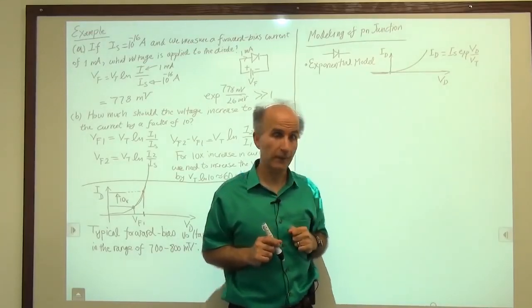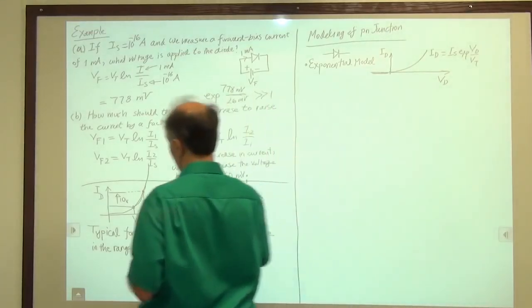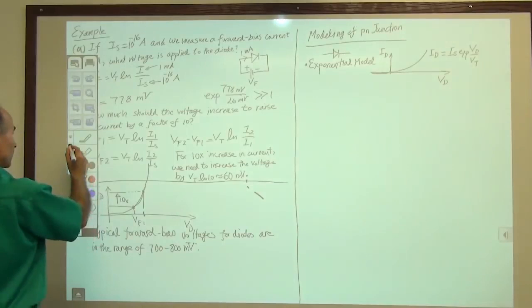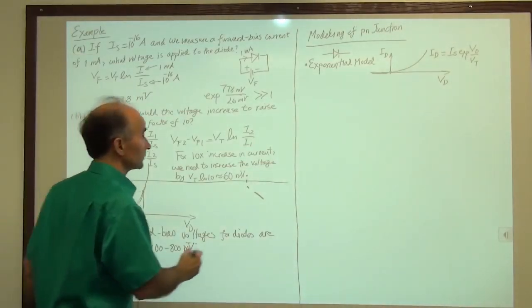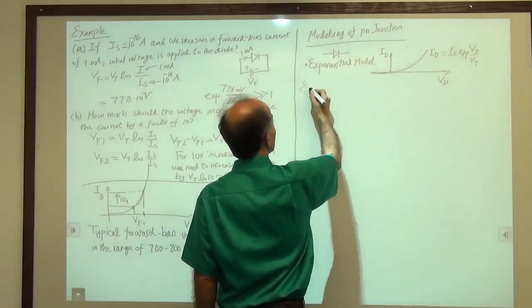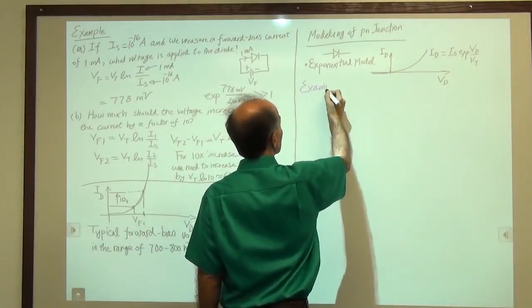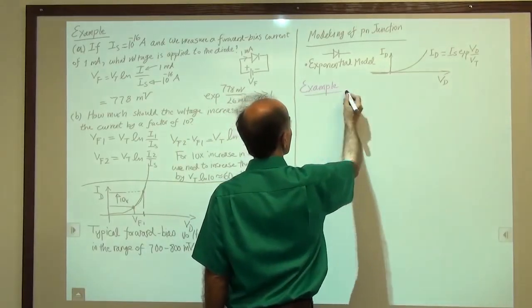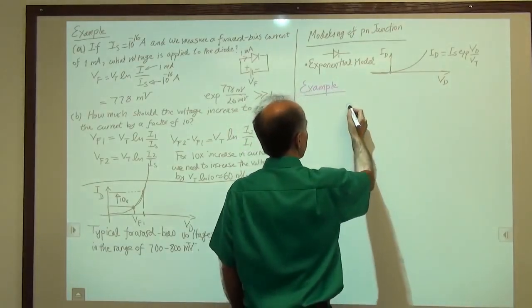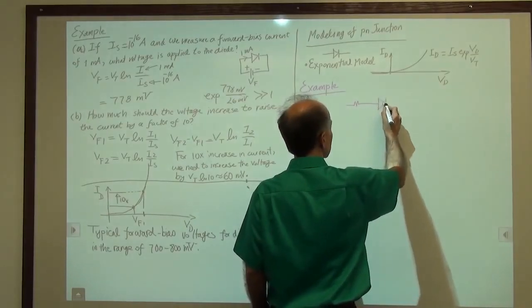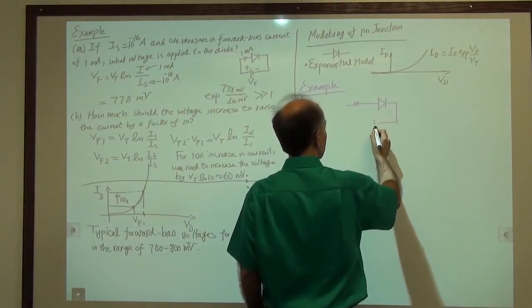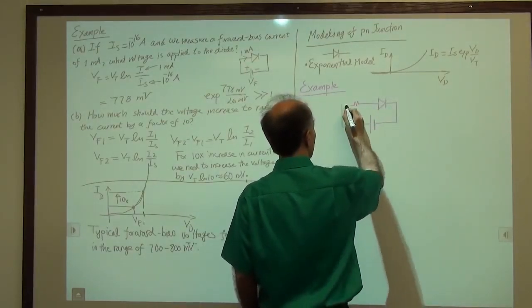So here's an example, and let me change the color of my pen, maybe to this. I have a resistor and a diode and a battery. Very simple.